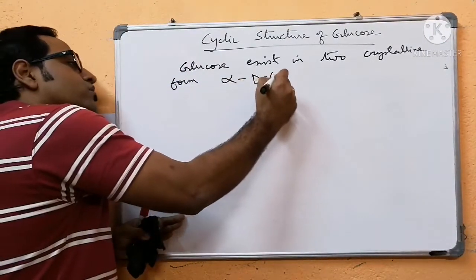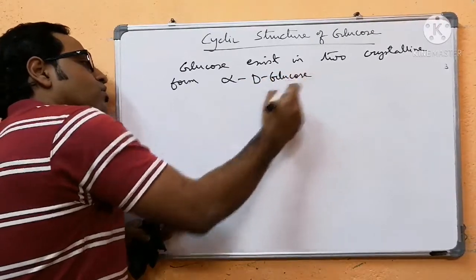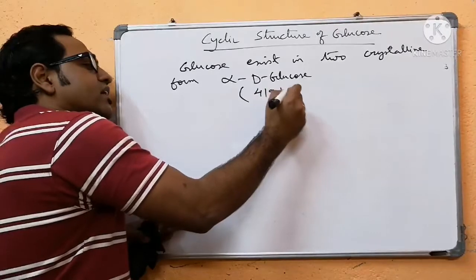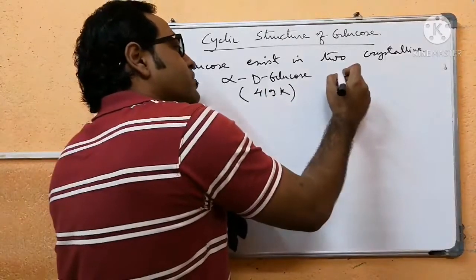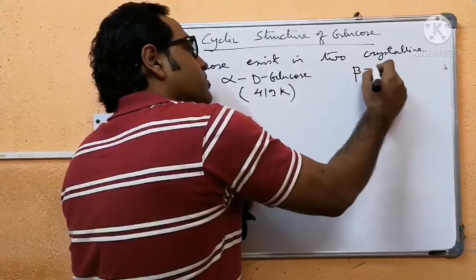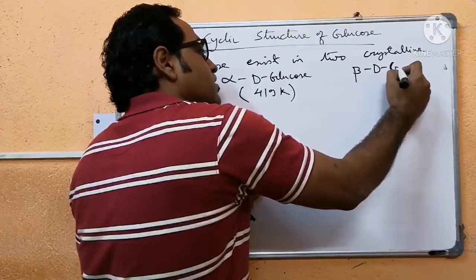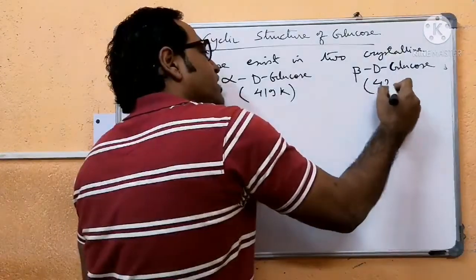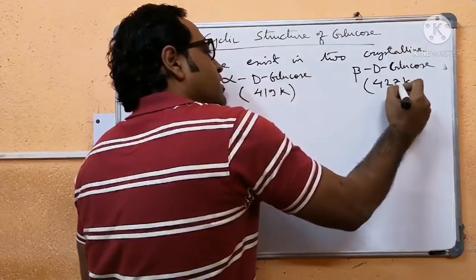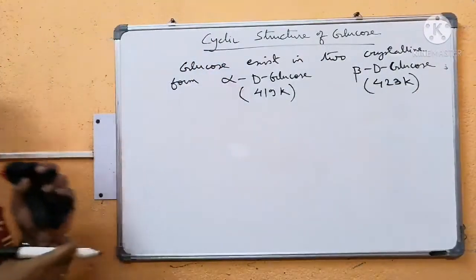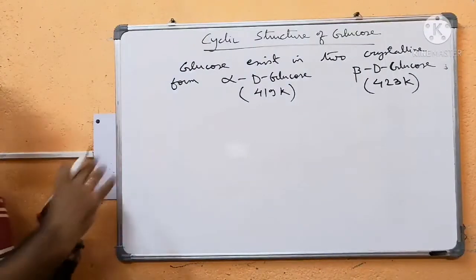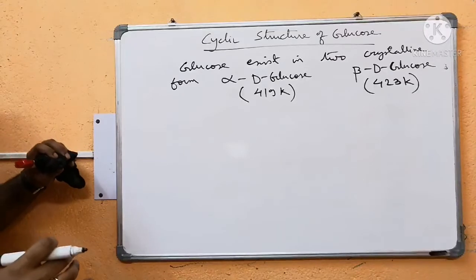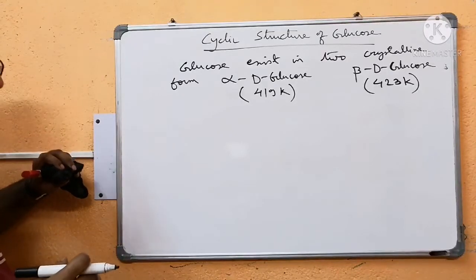Alpha D glucose, which has a melting point of around 419 Kelvin, and beta D glucose, which has a melting point of 423 Kelvin. There is a slight difference in their melting points. These two crystalline forms of glucose have been observed.